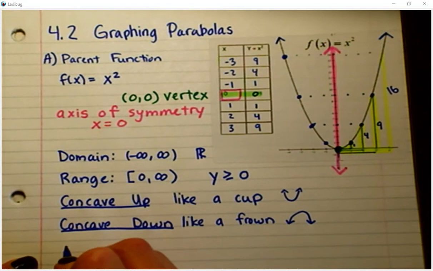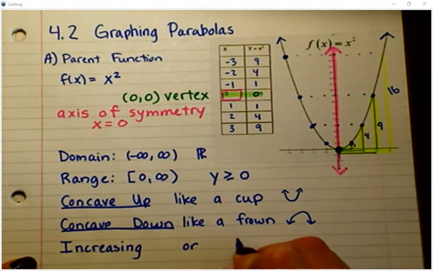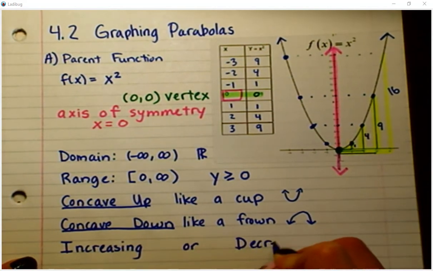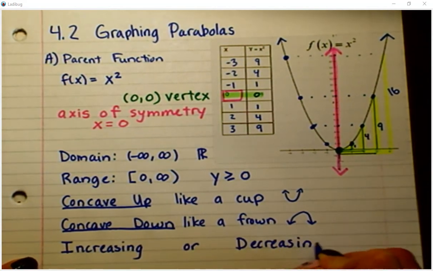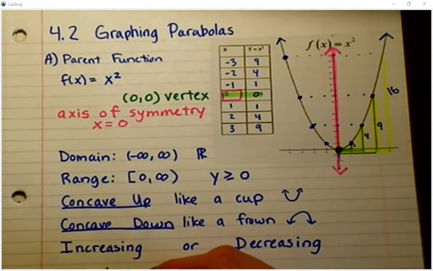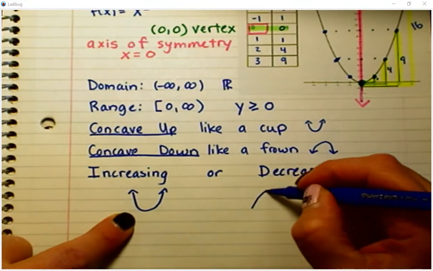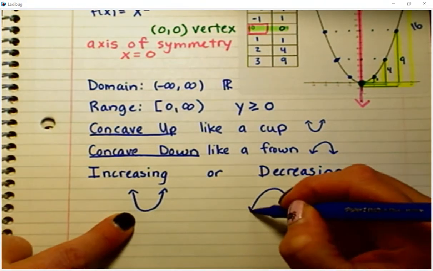Okay, we're going to review increasing or decreasing. And we're going to draw 2 pictures that go with it. So we're going to draw a concave up picture and a small concave down picture.